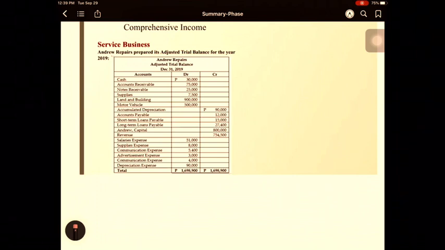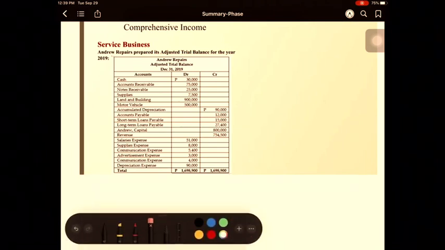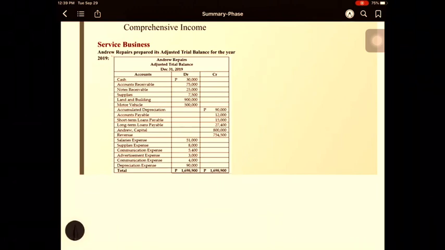But before we formally start preparing the income statement, let us first identify the elements that must be reflected in the income statement for Andrew Repairs. What are the elements that need to be reflected in our financial report here? We have to determine the income, and since this is a service type of business, the income is reflected as the revenue account.